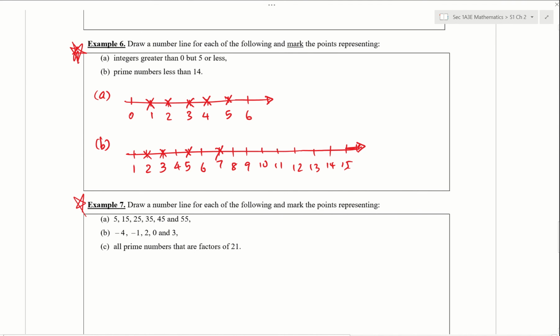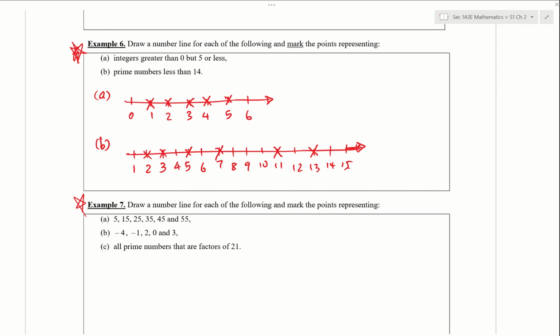Help me check if I made any mistakes. Is yours the same as mine? Is your spacing okay?